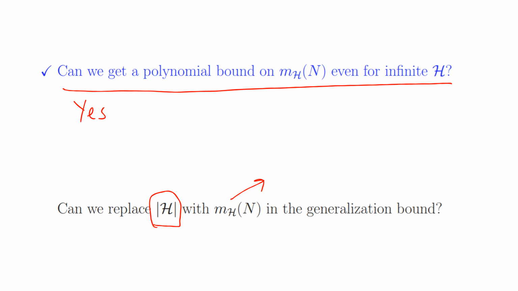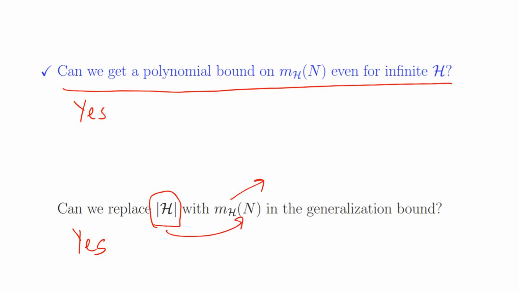The answer is yes, we can replace that. Why? Because we are interested in the effective number of hypotheses, right? We are not interested anymore in all of the possible hypotheses, because we figured that they aren't as useful as the effective number of hypotheses. So we can definitely replace this h with m sub h of n.